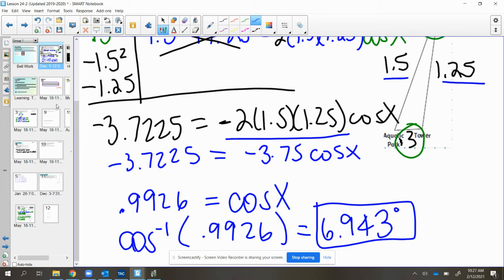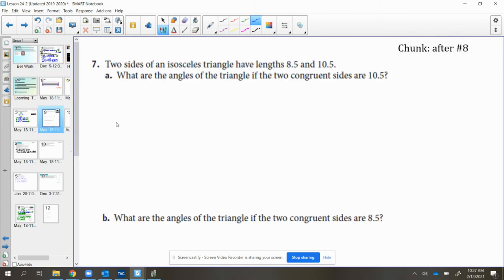Now, from there, we have a couple more examples talking about some isosceles triangles. So they have the isosceles triangle with sides 8.5 and 10.5. So imagine if we choose in our isosceles triangle the two sides to be 10.5 as opposed to then the base being the 8.5.